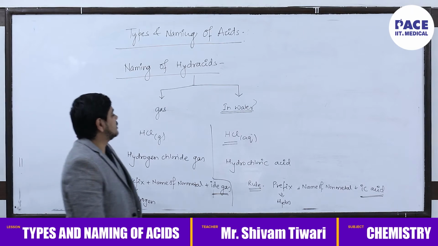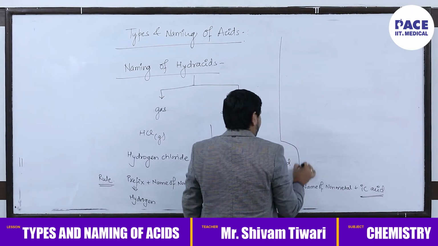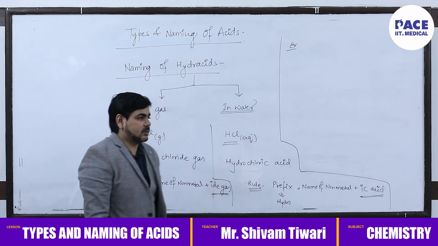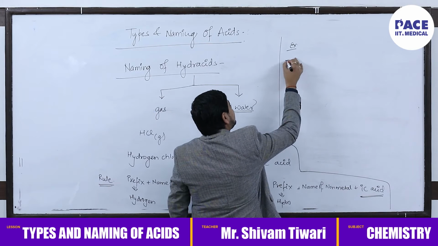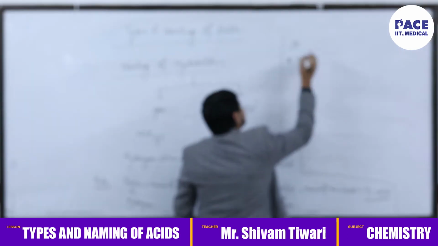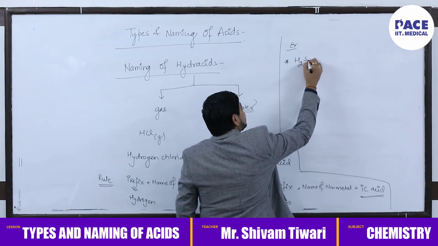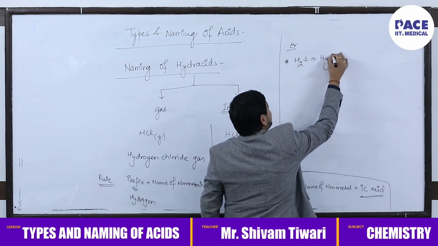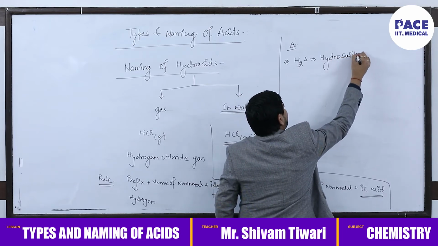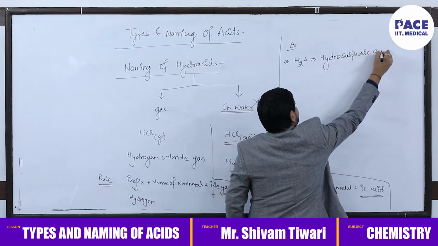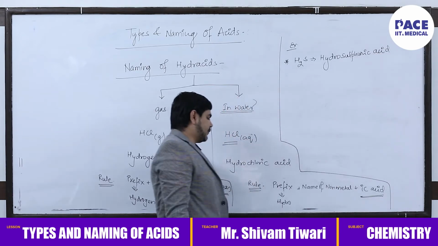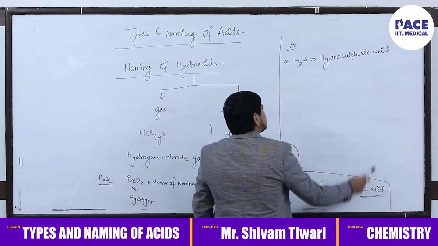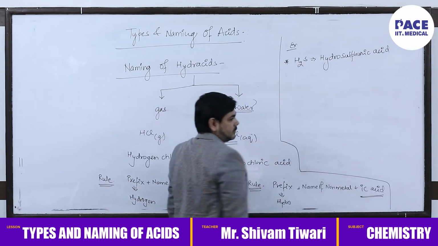So let's write names of hydroacids, some examples. The first example is H2S. H2S in water, the name is going to be hydrosulfuric acid. Hydro is the prefix in water and ic is the suffix. So hydrosulfuric acid.